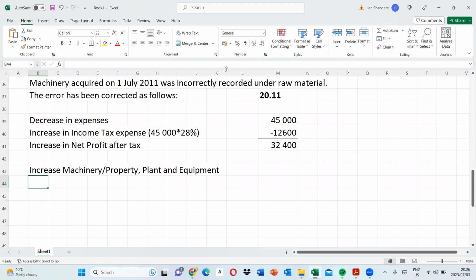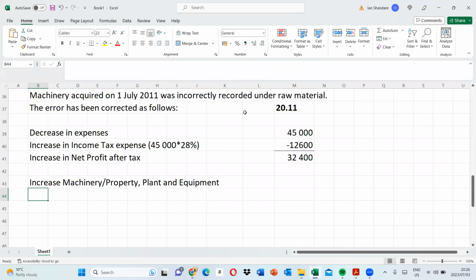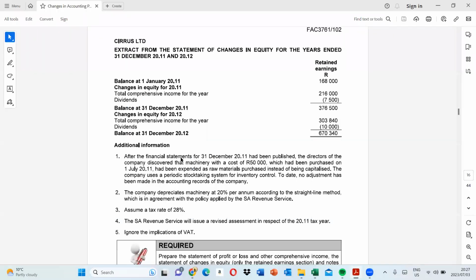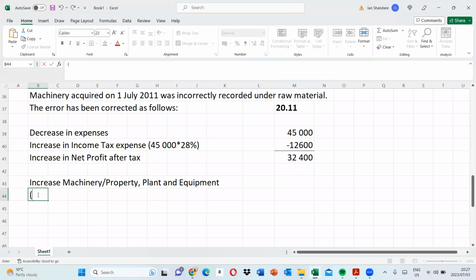Now, in that regard, what is going on here? You're going to record your property, plant, and equipment at what value? Your machinery is going up with 50,000, which is the cost. So you're going to take 50,000, which is your cost, minus your depreciation.